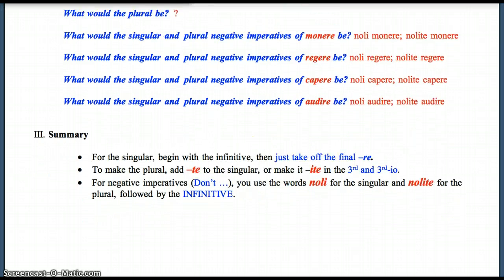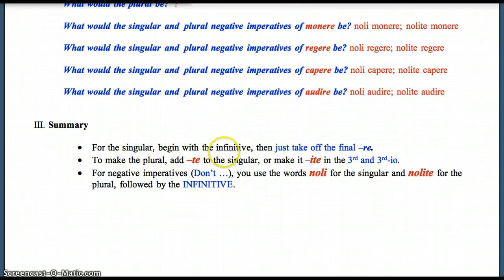So in summary, for the singular, you begin with that infinitive and then just take off the final RE. To make it plural, generally speaking, you add TE to the singular, or you make it ITE in the third and third IO. Now, if you're going from Latin to English, this isn't going to be a big deal. You're not going to worry about whether that I is there or whether something else is there. If you see that TE, you know that it's a plural imperative.